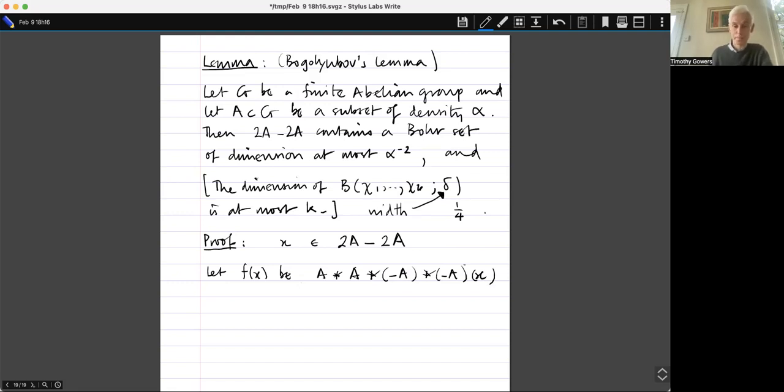So that is the average over p plus q minus r minus s equals x of 1_A(p), 1_A(q), 1_A(r), 1_A(s).